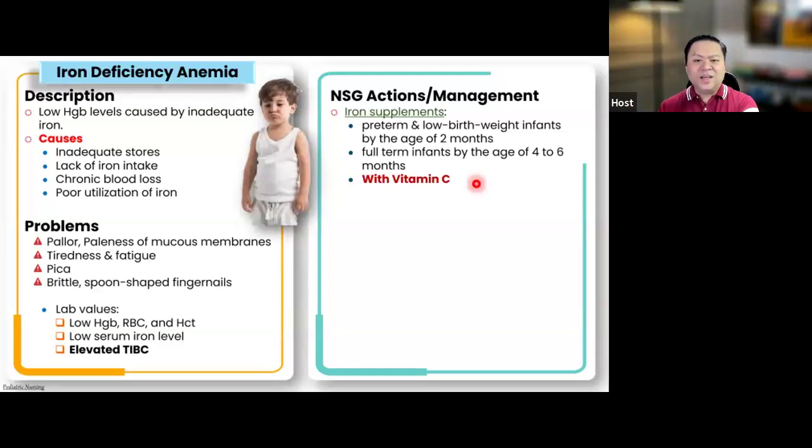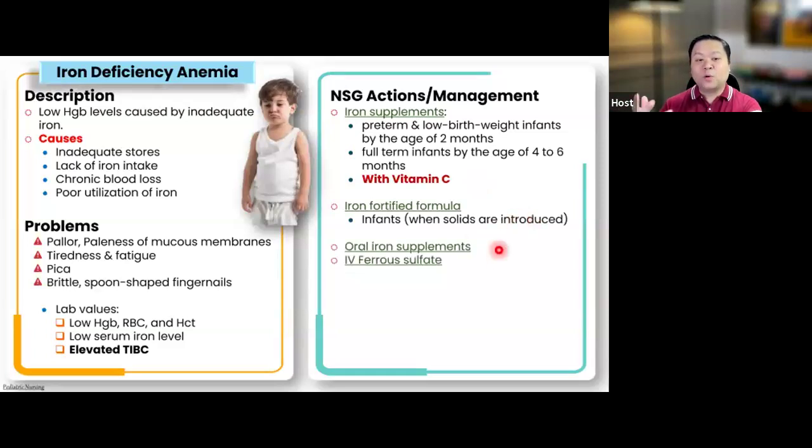Now, we can also help in modifying the infant's diet to include high iron and vitamin C if they have this problem, making sure that we are including iron-fortified formula, especially for these infants.